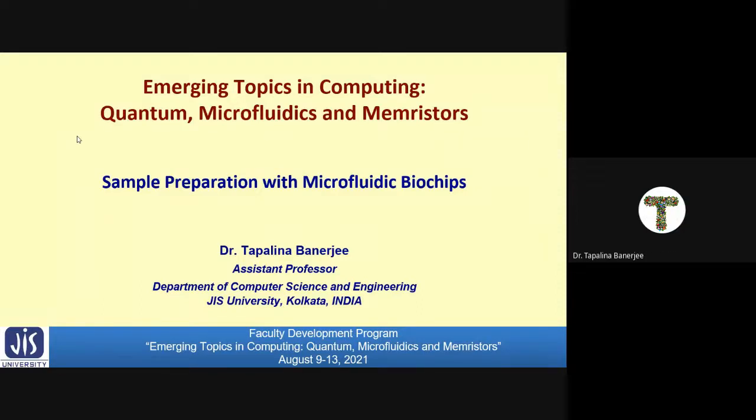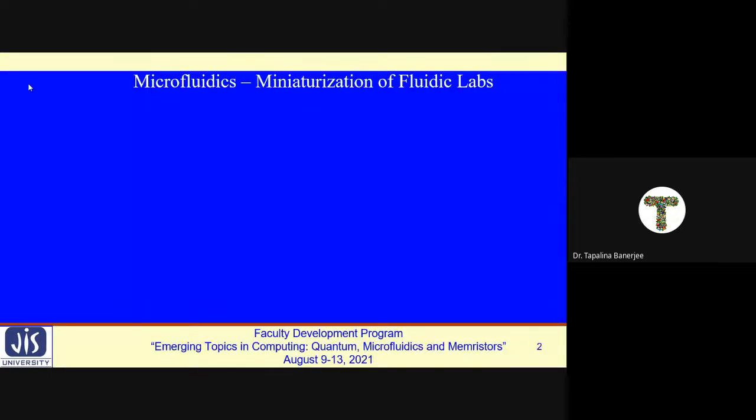So, I am going to inform you regarding some basic knowledge of microfluidics along with how sample preparation is possible with microfluidic biochips. In the test tube era, automation, integration, miniaturization, all are absent.